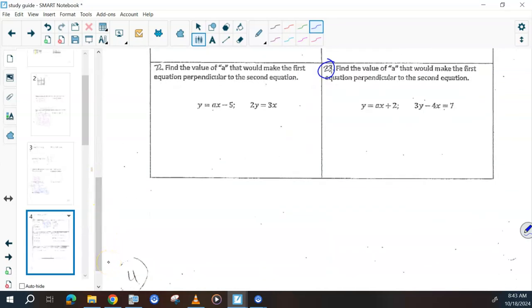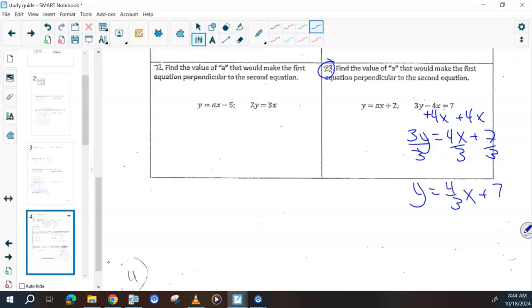Alright, in 23, it's asking us to find the value of a that would make the first equation perpendicular to the second. So we would have to solve the second equation, just like we just did. Subtract, it's backwards, get rid of 4x, so add, divide everything by 3, and if a was perpendicular, what would that new slope be?